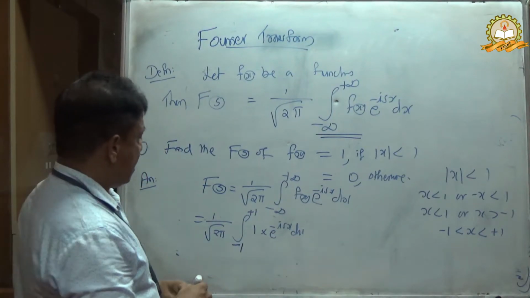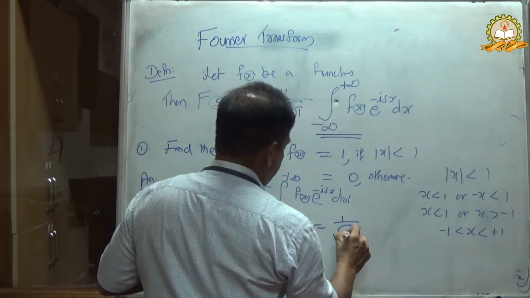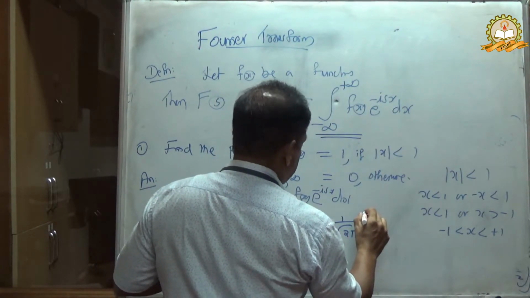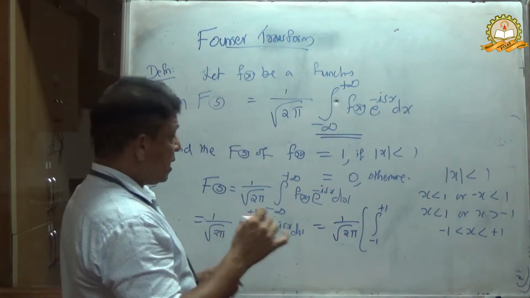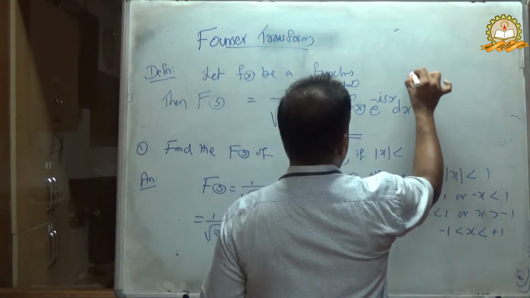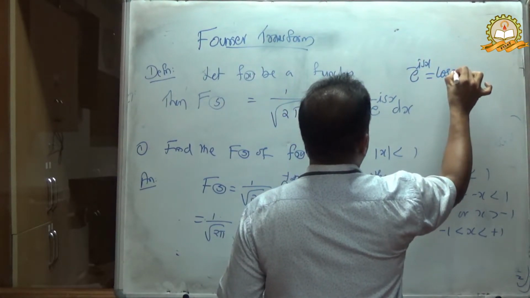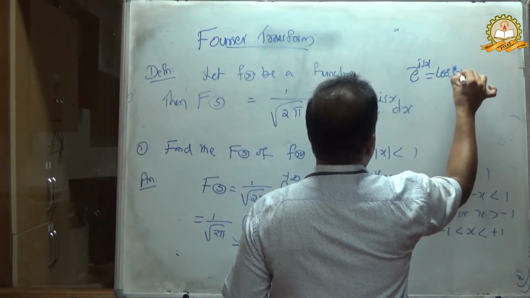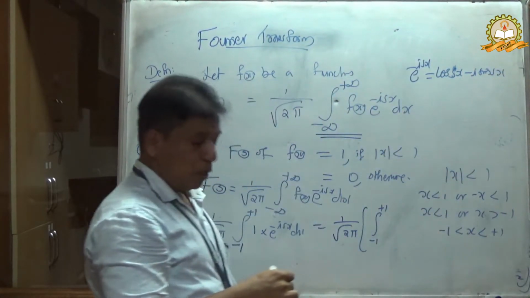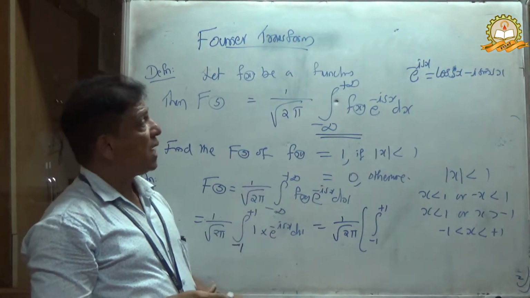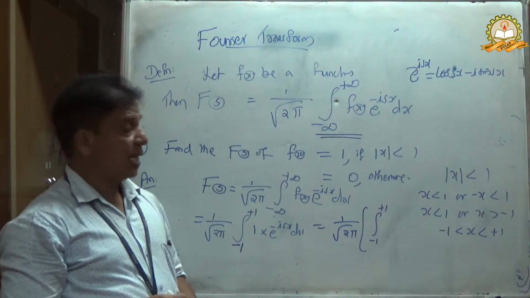Then, integrate this one. To integrate this, 1 by root of 2 pi integral minus 1 to plus 1 e raised to minus isx. e raised to minus isx can be taken as cos sx minus i sin sx. We have a formula, Euler's formula. e raised to minus isx can be written as cos sx minus i sin sx.